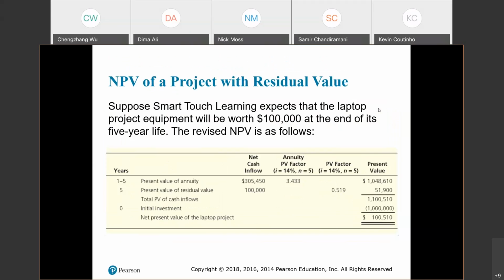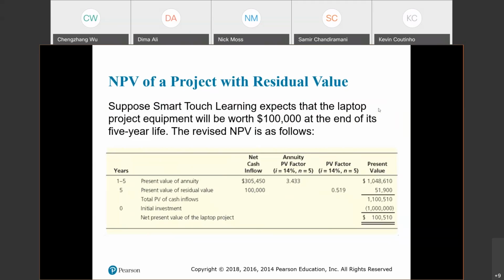Companies discount an investment's residual value to its present value when determining the total present value of the project's net cash inflows. The residual value is discounted as a single lump sum because it will be received only once. I mean, when the asset is sold, it is received. So let's look at this example on this slide.